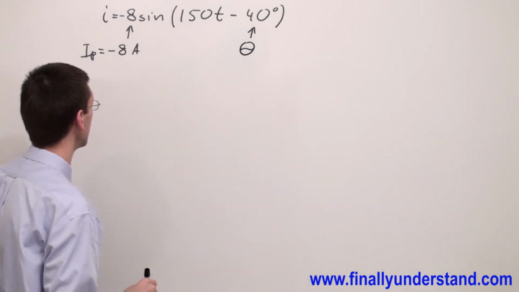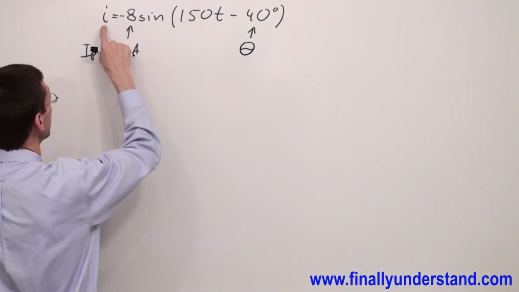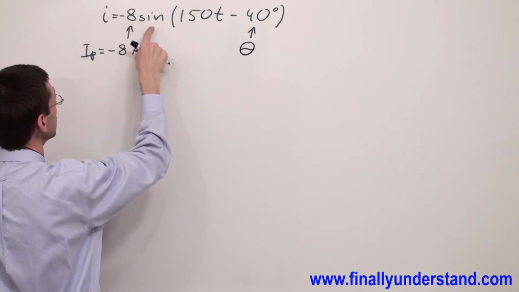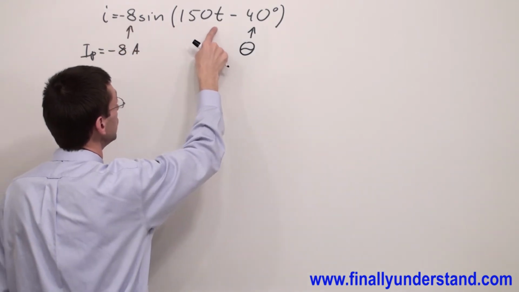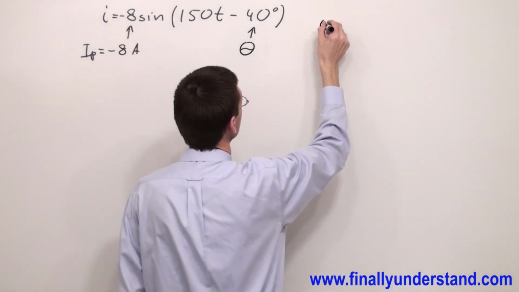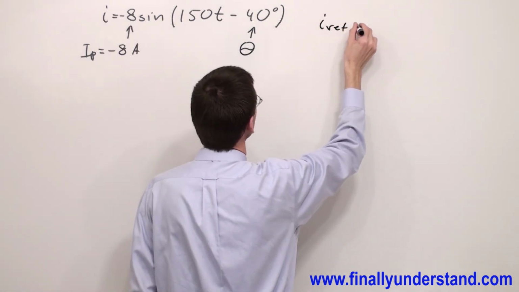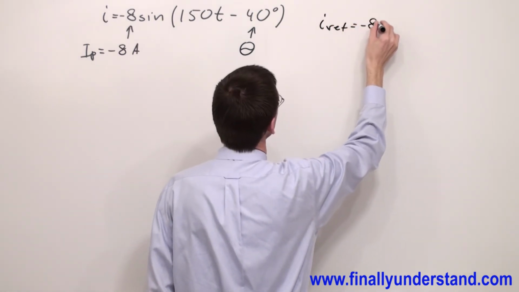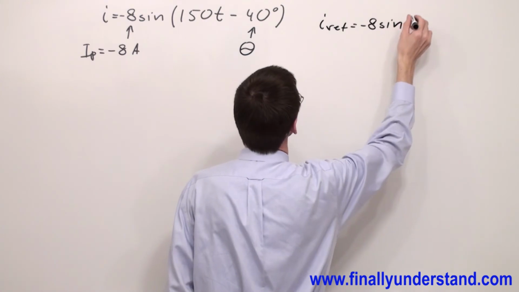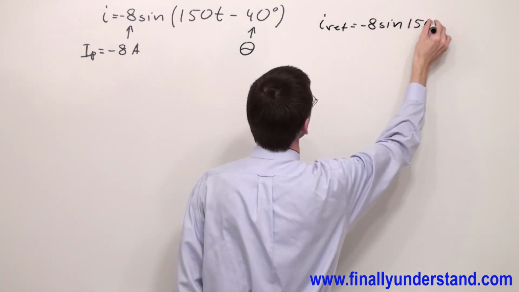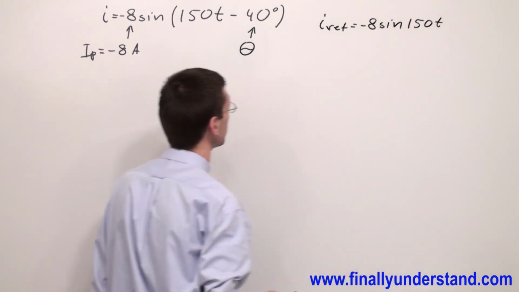The equation of the reference wave is simply I equals minus 8 sine 150 t. So this is my I reference, which is equal negative 8 sine 150 t.